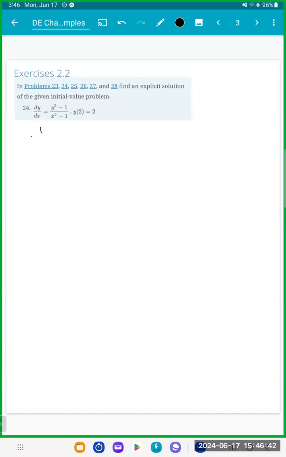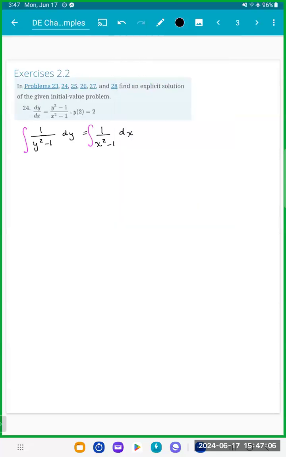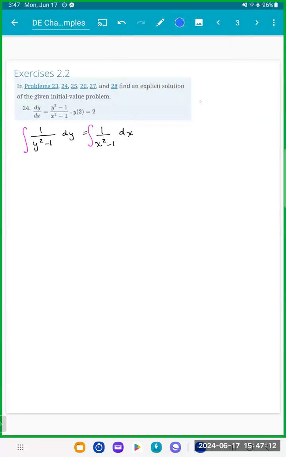So we end up with 1 over y squared minus 1 dy is equal to 1 over x squared minus 1 dx. So now what we want to do is integrate both sides. To do that, I'll write the integration formula over here to the side just as a reminder.